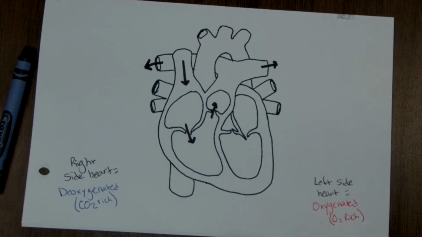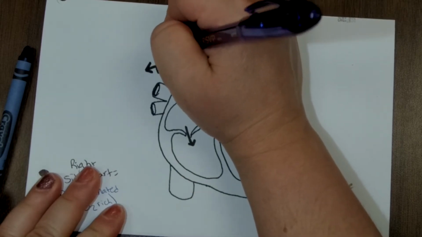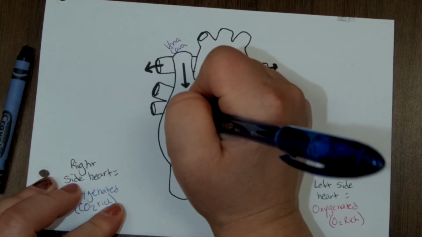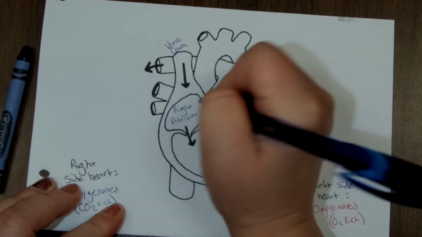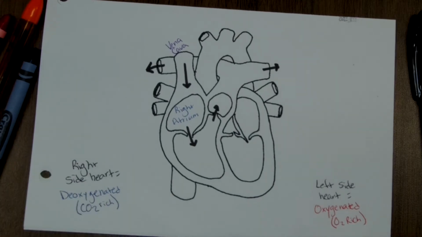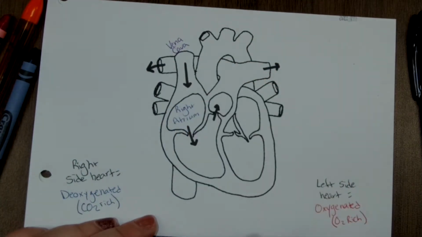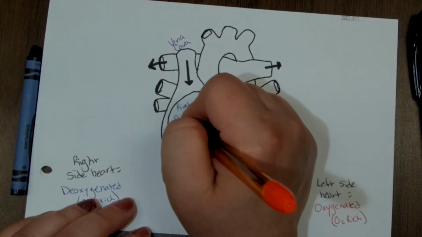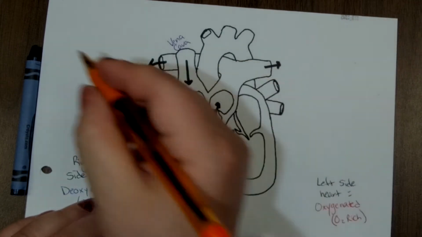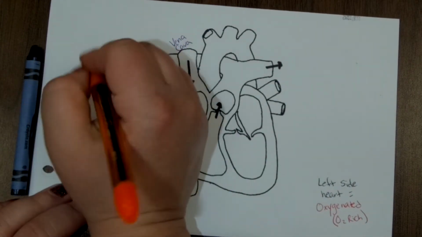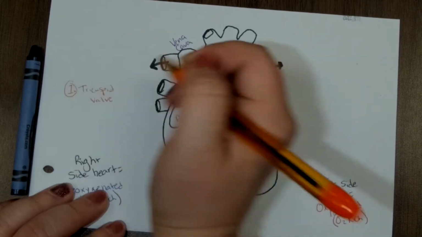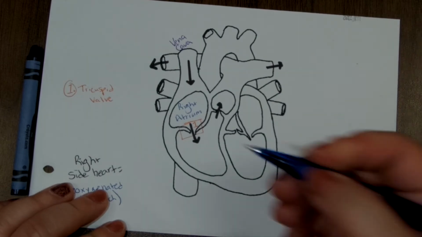Okay, and it's going in through my vena cava to my right atrium, to my, let's see, number 1, through my tricuspid valve. Okay. From my tricuspid valve, it goes into the right ventricle.